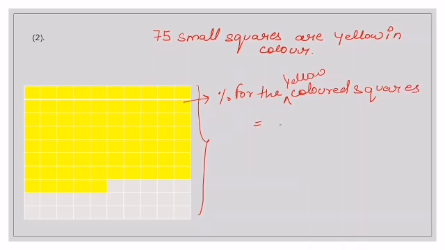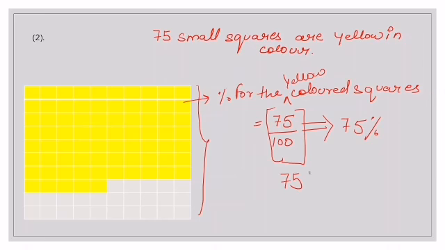Yes, how many squares are colored? There are 75 squares which are colored out of 100. 100 squares में से 75 squares colored हैं. So we can write it like this, which means 75%. In words we can write 75 over 100.